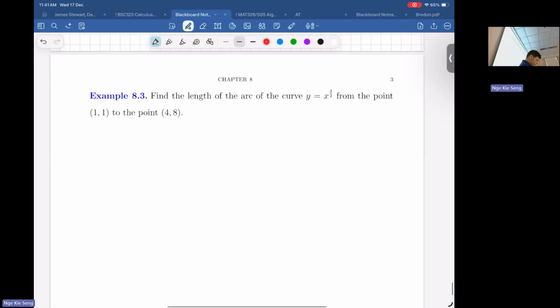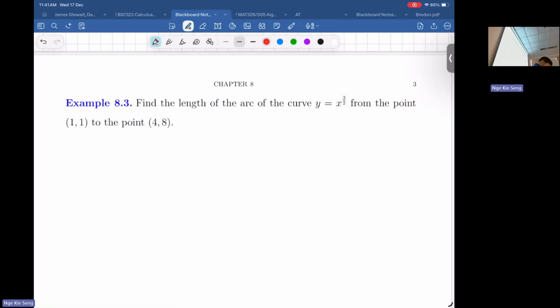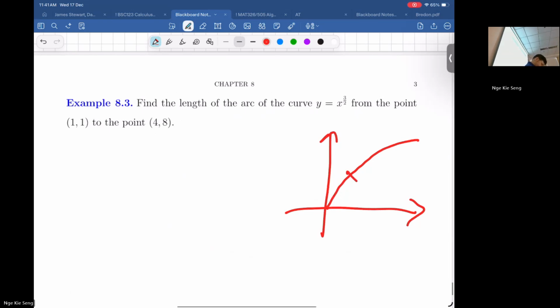By the way, this is not a straight line anymore. Hopefully you can recognize this. This curve could look something like this. Square root and then cube. Okay.